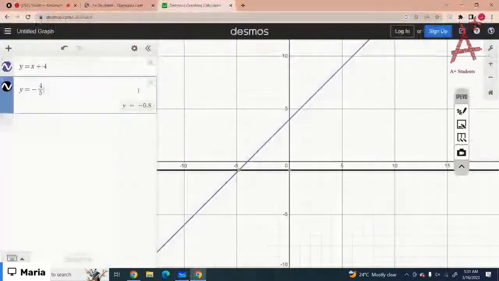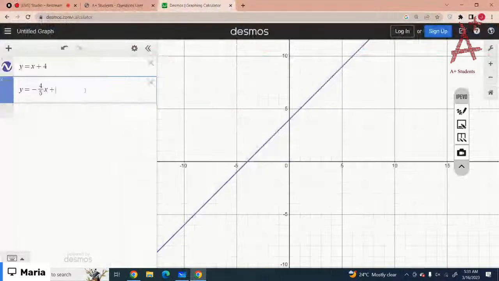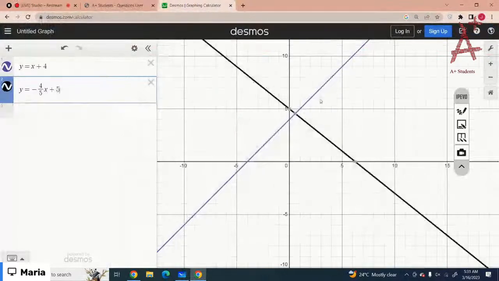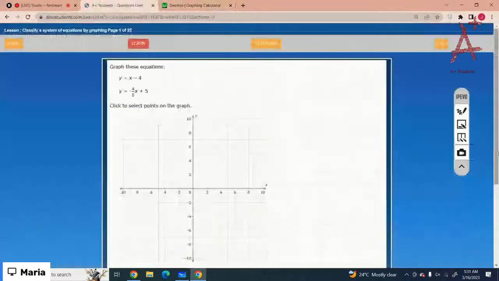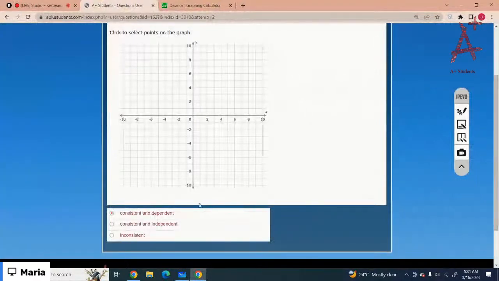So both the equations have different slopes and different y-intercepts. Got it? That means they have just one point of intersection. That means the equations are consistent and independent. When they have a point of intersection, that means they are consistent. Got it?